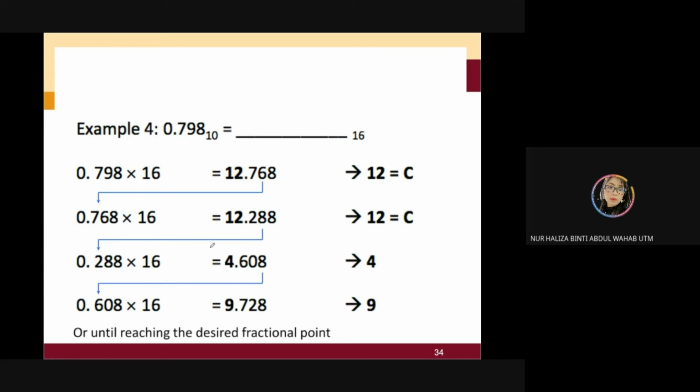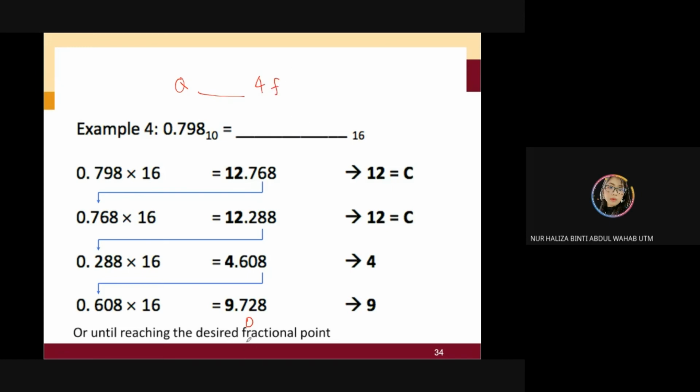Sometimes you will not get 0. It will continue continuously. So doctor, when are you going to stop? Normally in your question, either the answer will reach 0, or the question already states 4 fraction points only, let's say.